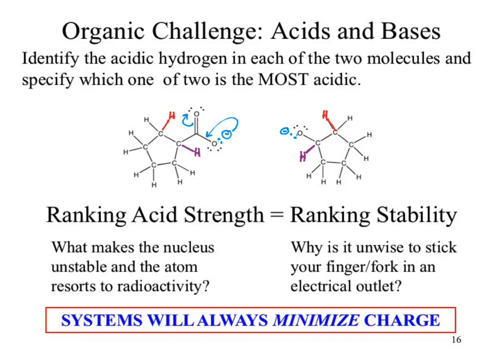Because it is more stable as a conjugate base, that means the original acid was the stronger acid. Okay? Kind of, sort of? What you have to be doing is thinking about those structures. If you aren't drawing out those structures, you're not doing this correctly. Okay?